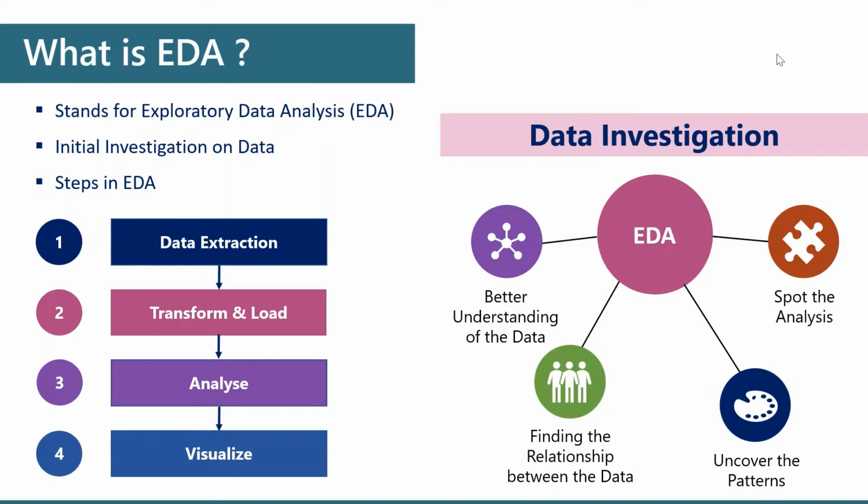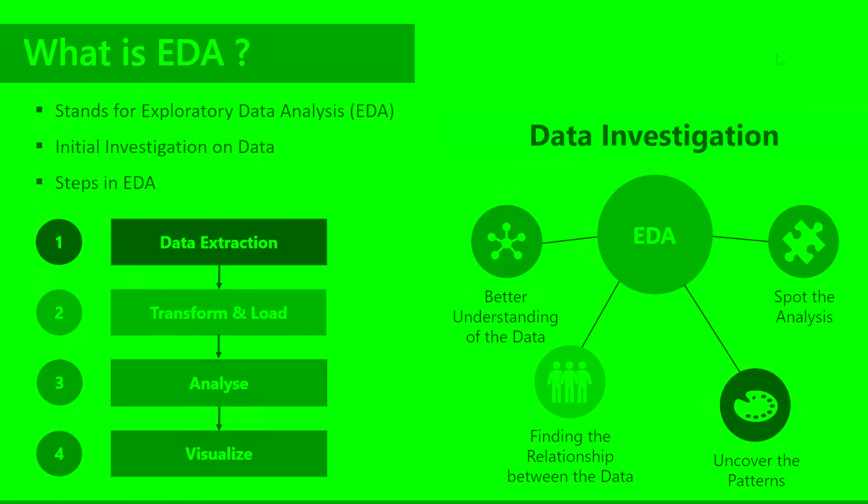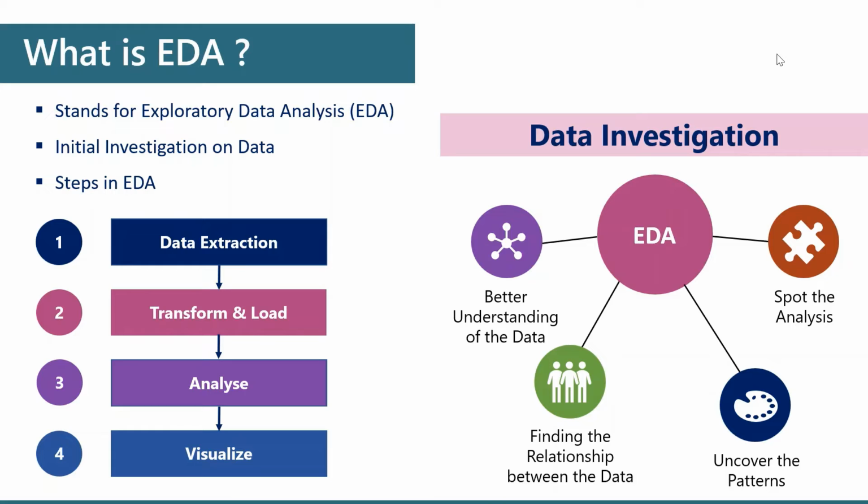One is data extraction, then transform and load, analysis, and data visualization. Data extraction is nothing but loading the data from the physical file to the memory. Transform and load is nothing but converting the existing dataset to a new dataset. For example, a dataset comprises numerous attributes.